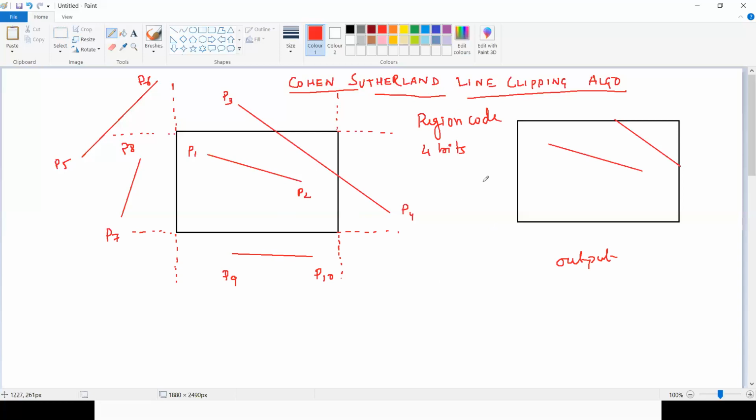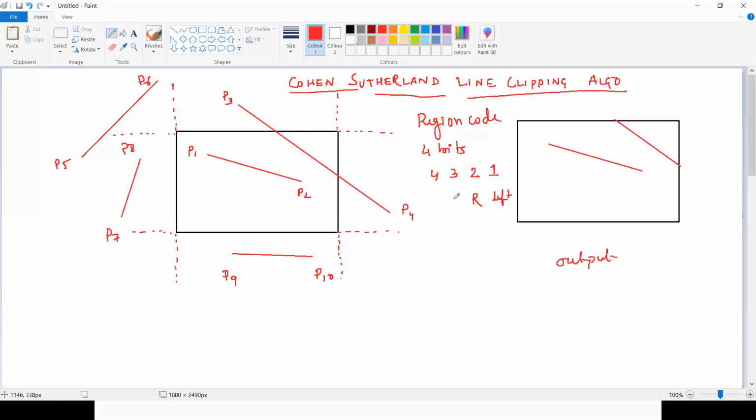Now this is bit position 1. This is the first bit, second bit, third bit, and fourth bit, so 4 bits are there. Bit position 1 indicates the left. Bit position 2 indicates the right, and I am writing R for right.